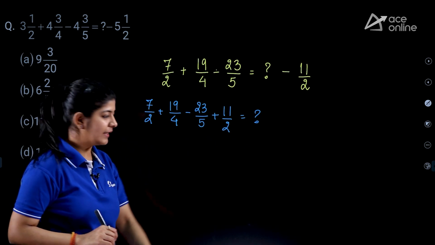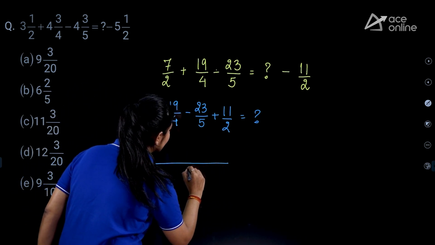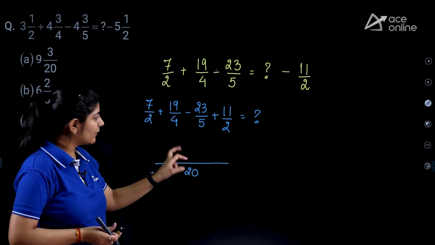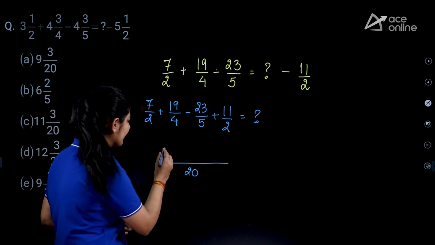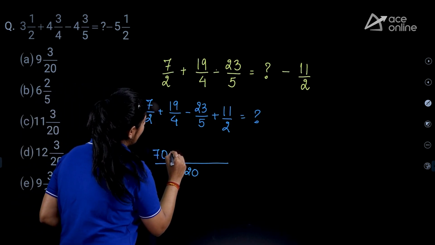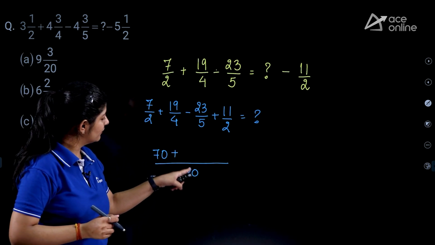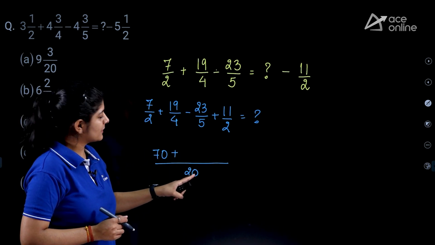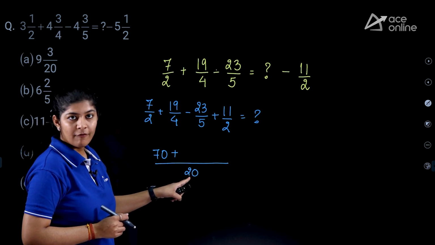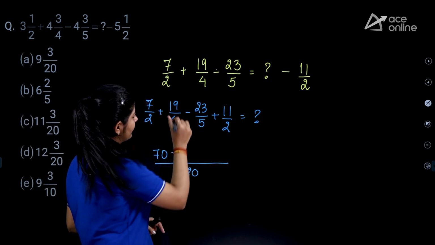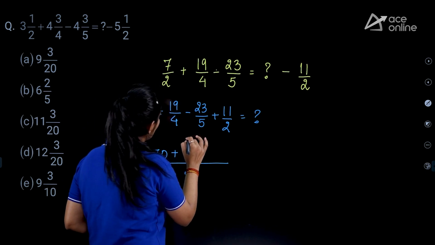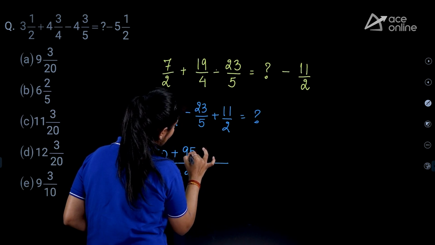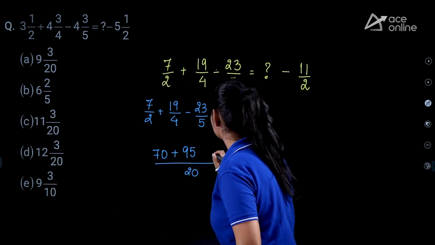Now I simply take the LCM, and the LCM of 2, 4, 5 and 2 is nothing but 20. So I directly write 20 as the LCM over here. Now this is present in the multiple of 10, 10 into 7, that is 70. Plus, here we are having 19, which is present in the multiple of 5, 5 into 19, so basically here we have 95, right?